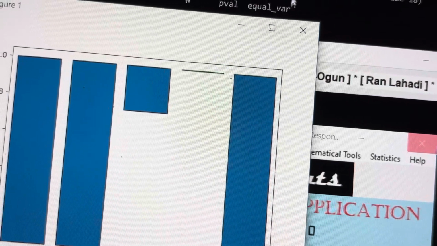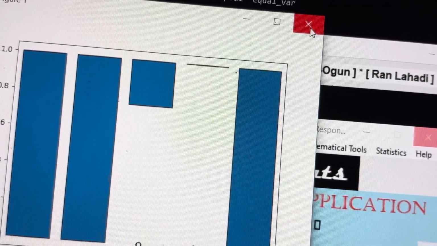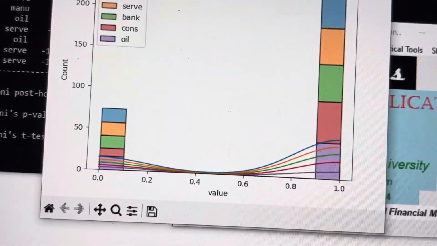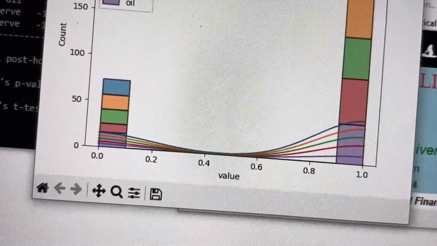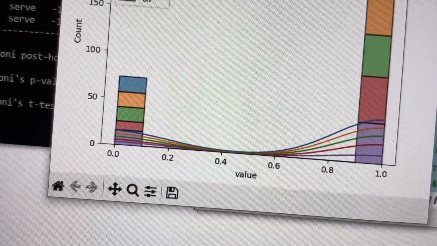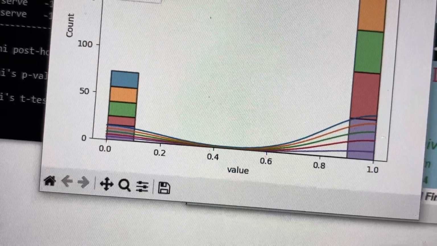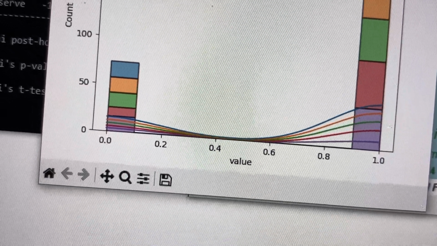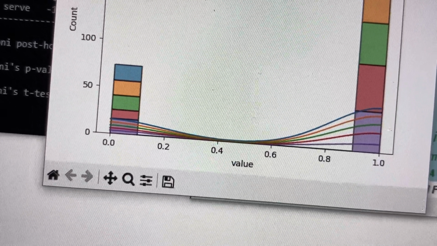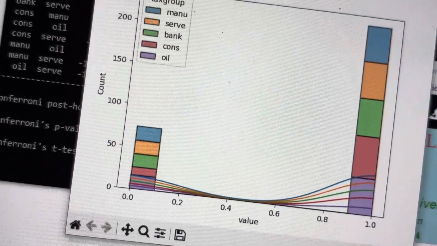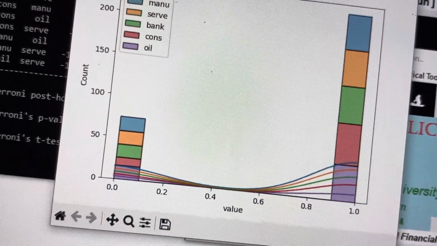Then, yeah, the same thing that happened here. You know, we use 1 and 0. So those that have 0, that is non-compliance, is this. While those that have 1 is this.